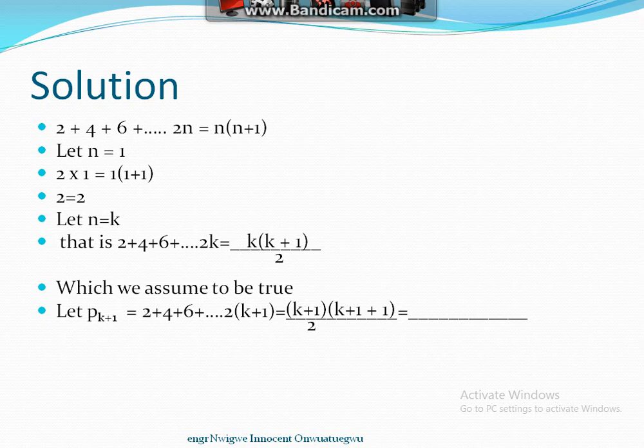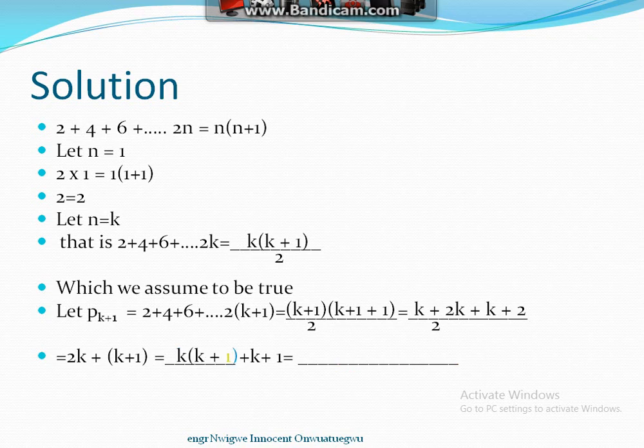Dividing both sides by 2, which will give us k plus 2k plus k plus 2 all over 2. If you expand, open the brackets, we now have 2k plus in bracket k plus 1 is equal to in bracket k plus 1 all over 2 plus k plus 1.